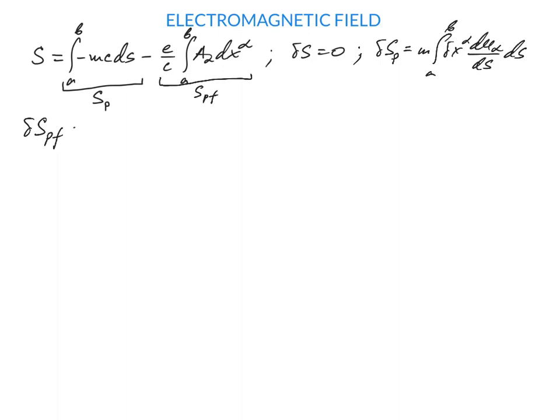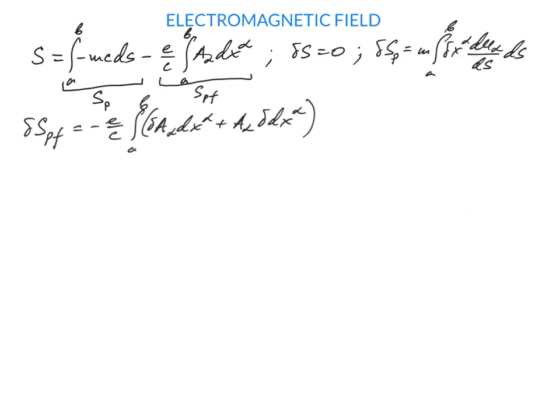Now we have a product of two terms there, and they both will contribute to the variation because we vary the world line. That's the dx^alpha, but the potential seen by the particle is also varied because it's now sampled at different points in spacetime. So I'm going to have two terms, delta A_alpha dx^alpha plus A_alpha delta dx^alpha.